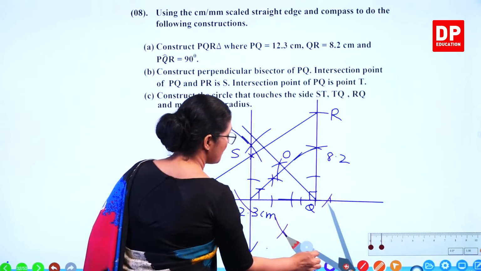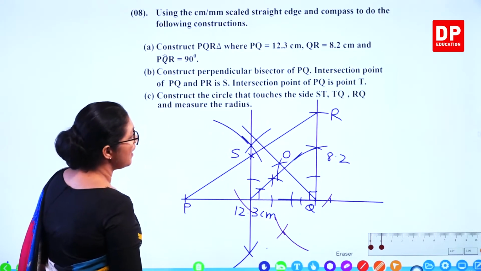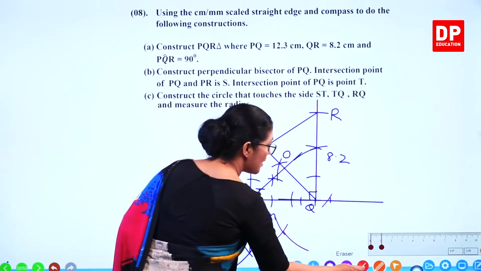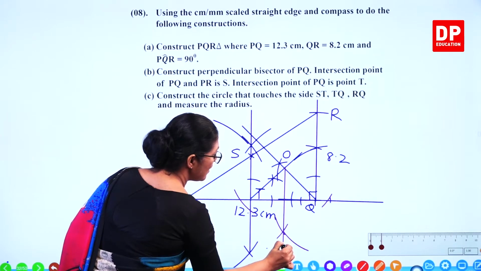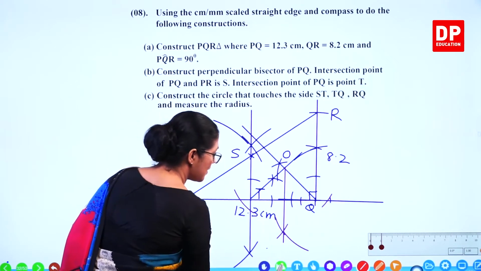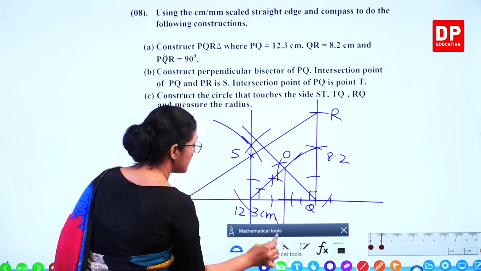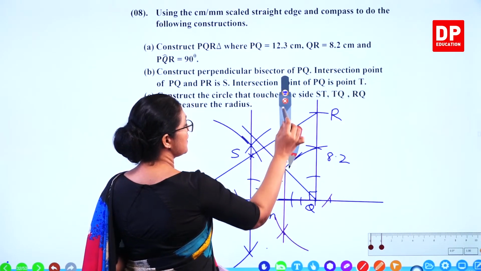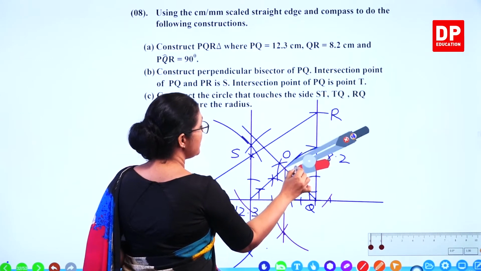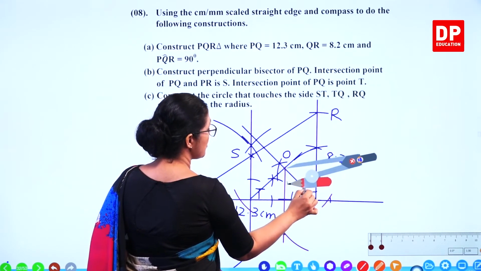So this one. Now we can draw the perpendicular line. Now we can get the radius of the circle. So the radius of the circle is this much.